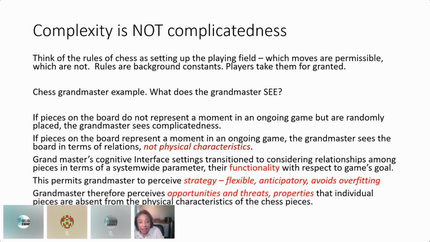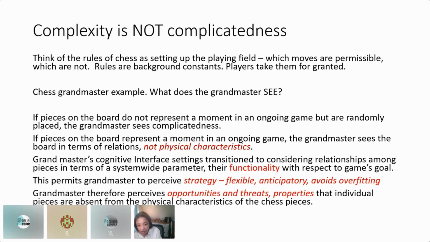So it is because the grandmaster can view strategy as a metastable dynamic that the grandmaster can therefore perceive opportunities, threats. These are emergent properties of the totality that individual pieces don't have.